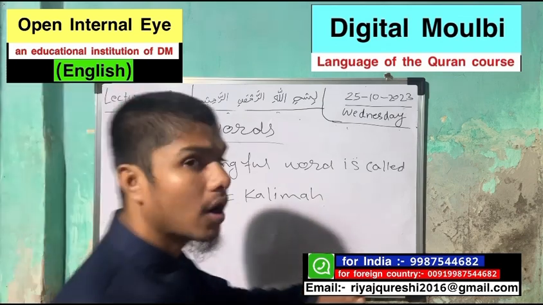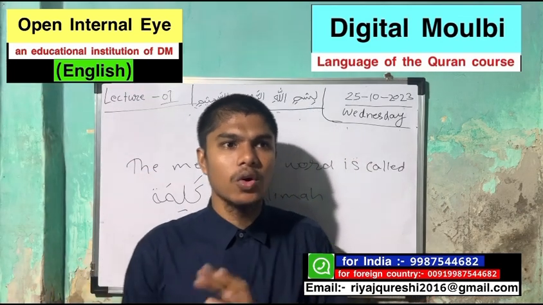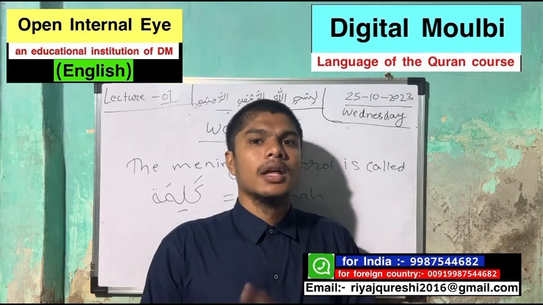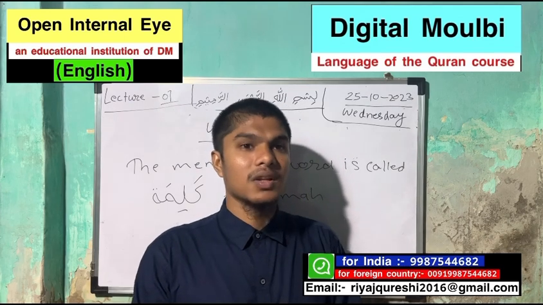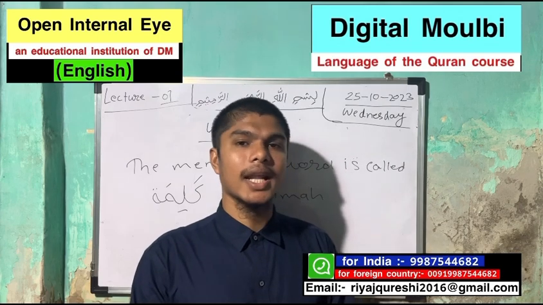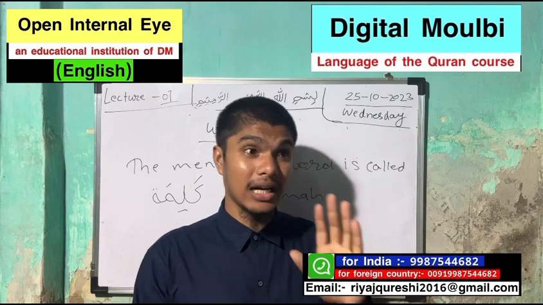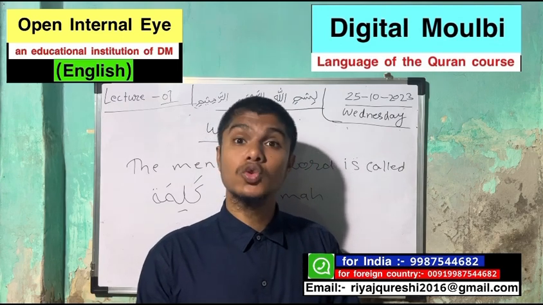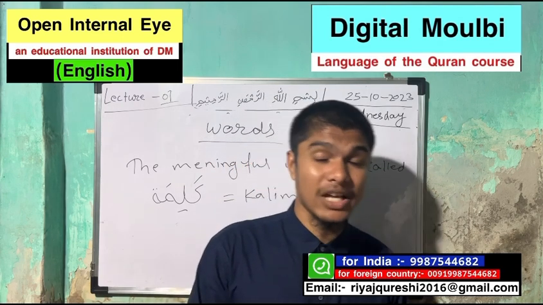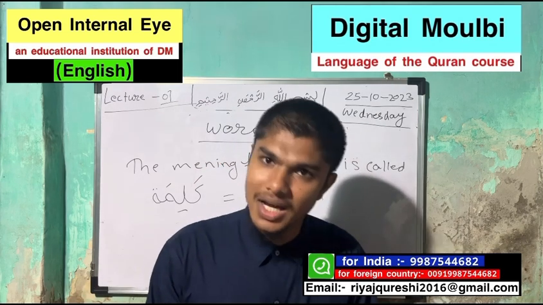Okay, so I hope you understand that in the first video we have learned the Arabic alphabet. There are two names for the word alphabet in Arabic. Number one, huruful hija. Number two, huruf tahajji.